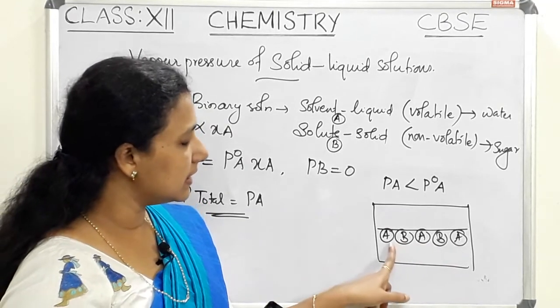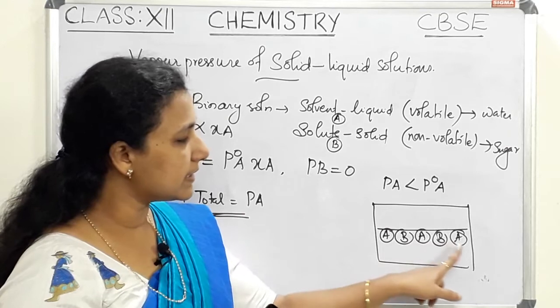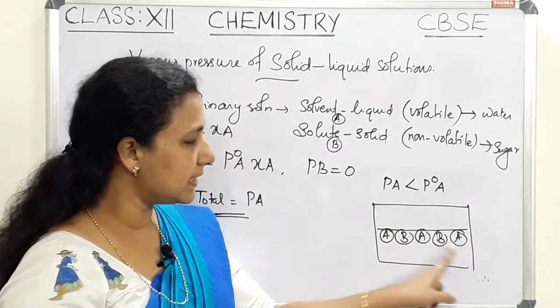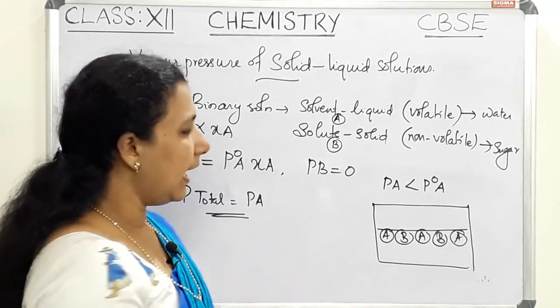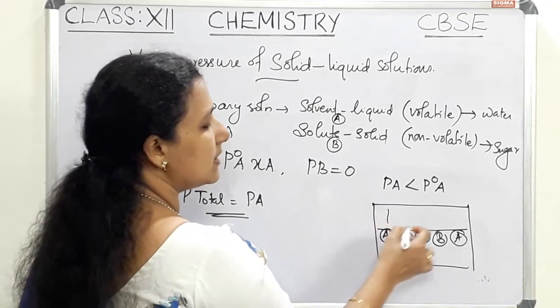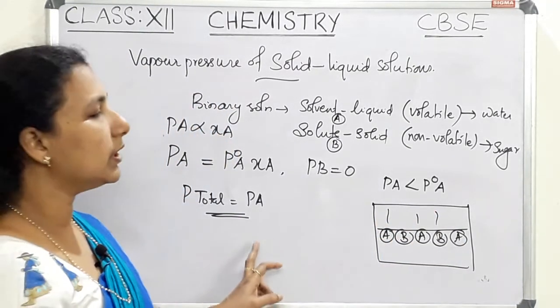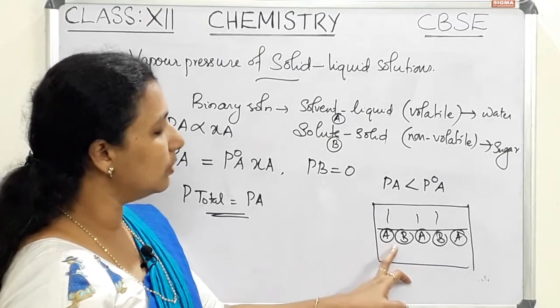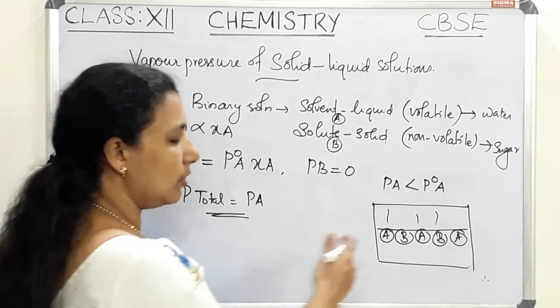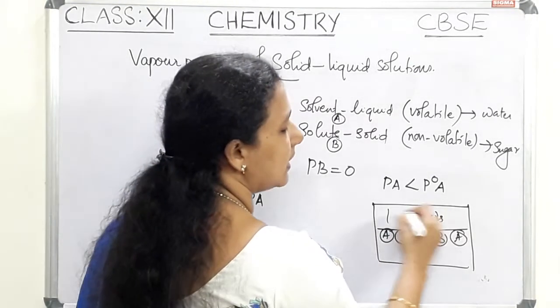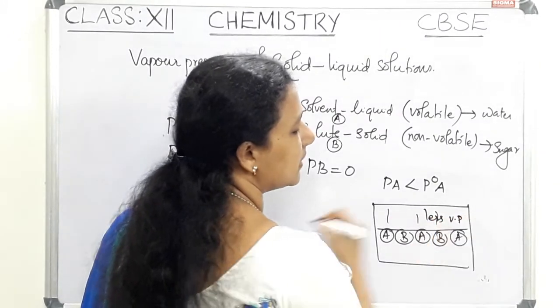Here there is a smaller number of molecules of component A in the solution, and the vapors produced in this case will be less than for the pure component. So less vapors are produced, or less vapor pressure is here.